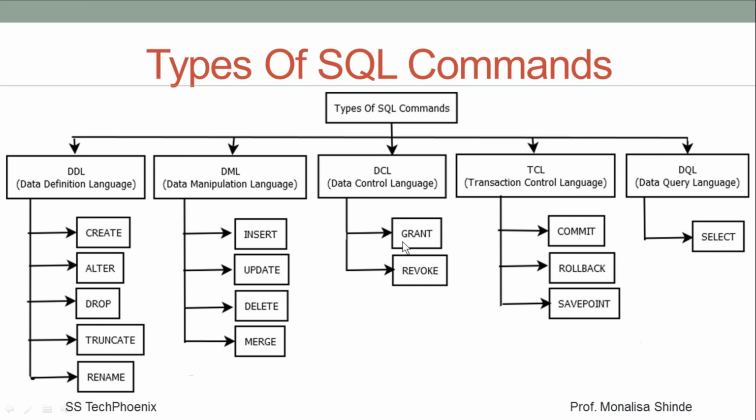For example, if there is a database of students, the teacher can have permission to update the marks or the database, while the student can have only view permission on that database. These permissions can be assigned or revoked, meaning taken back, using these two commands, and those commands come into the category of Data Control Language.